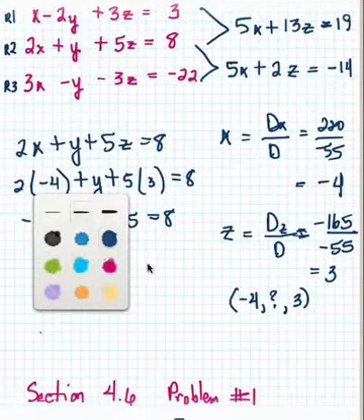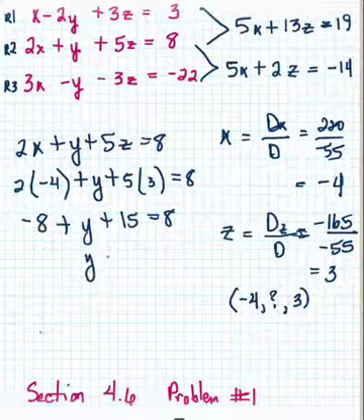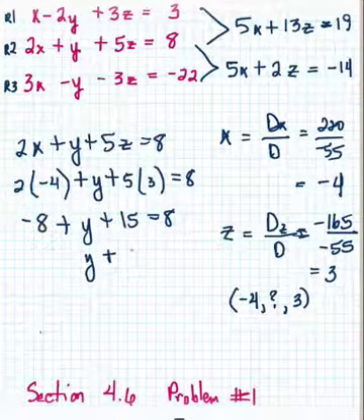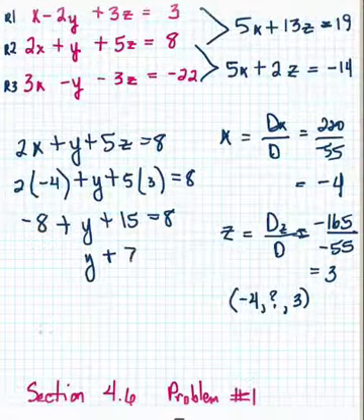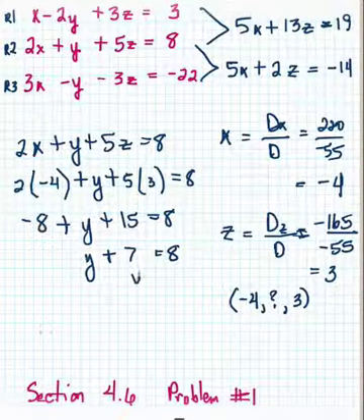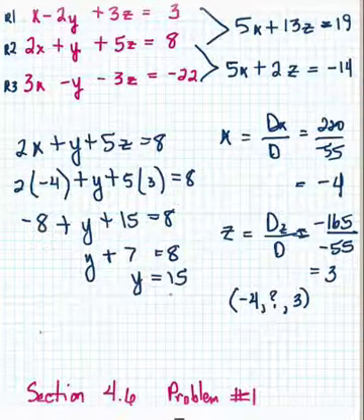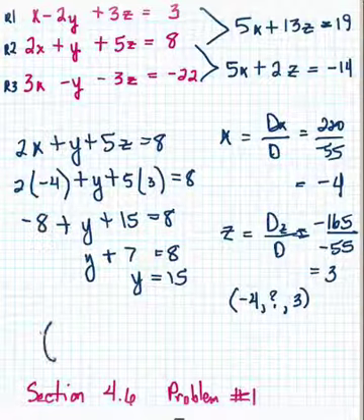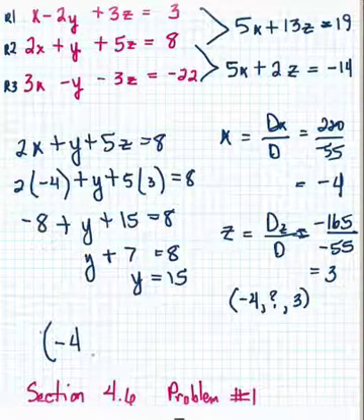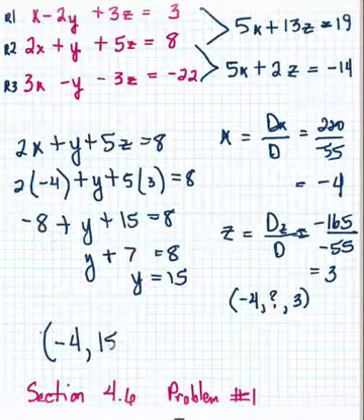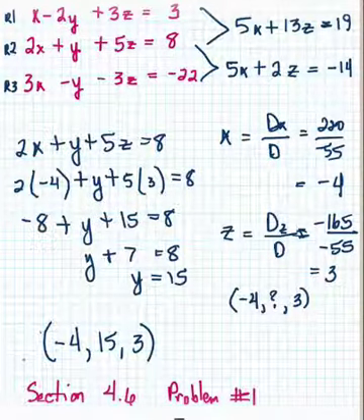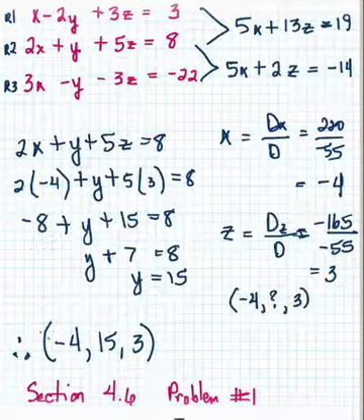So let's see. Y plus, let's see, negative 8 and 15 is, what would that be, 7 equals 8. So it looks like y equals 15. That just doesn't quite, I'll check the answer key, but so it looks like it's negative 4, 15, and 3. It just seems a little high for a y. I don't remember any of the y's being that high.